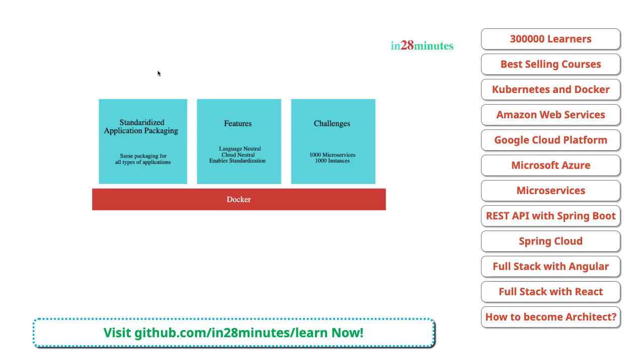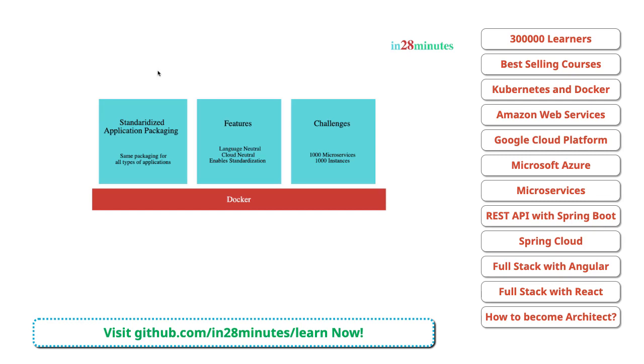Now, think about this. Your friend from the operations team did not ask you, hey, what language did you build the application with? He did not ask you, what frameworks did you use? He did not ask you, what is the operating system where your application should be deployed on? He did not ask you, what is the configuration that your application needs? The thing is, he doesn't really need all that. That's what Docker enables.